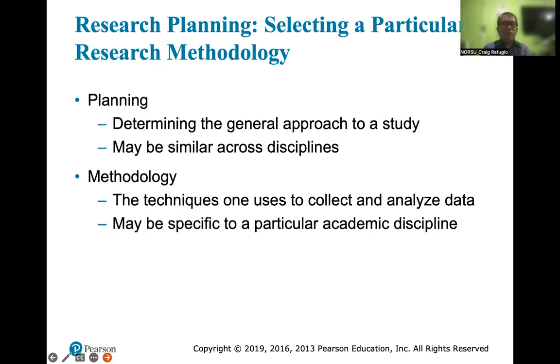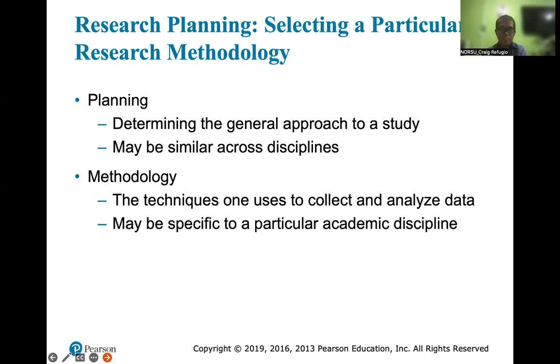We look into research planning, selecting participants, and research methodology. So in there, you see planning, determining the general approach to the study. So what kind of approach are you going to consider? Are you going to consider a quantitative approach? Are you going to consider a qualitative approach?